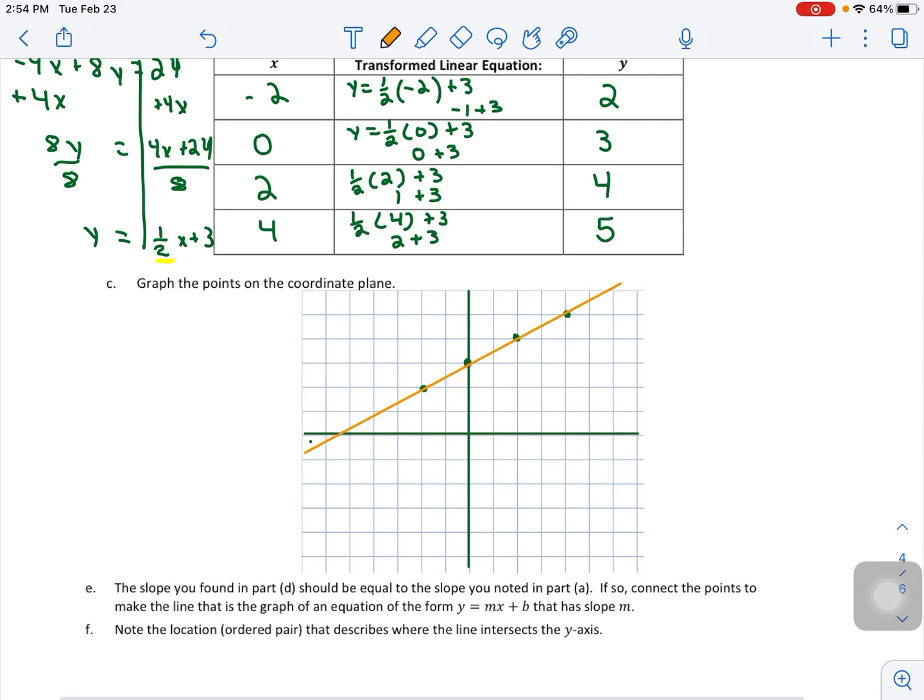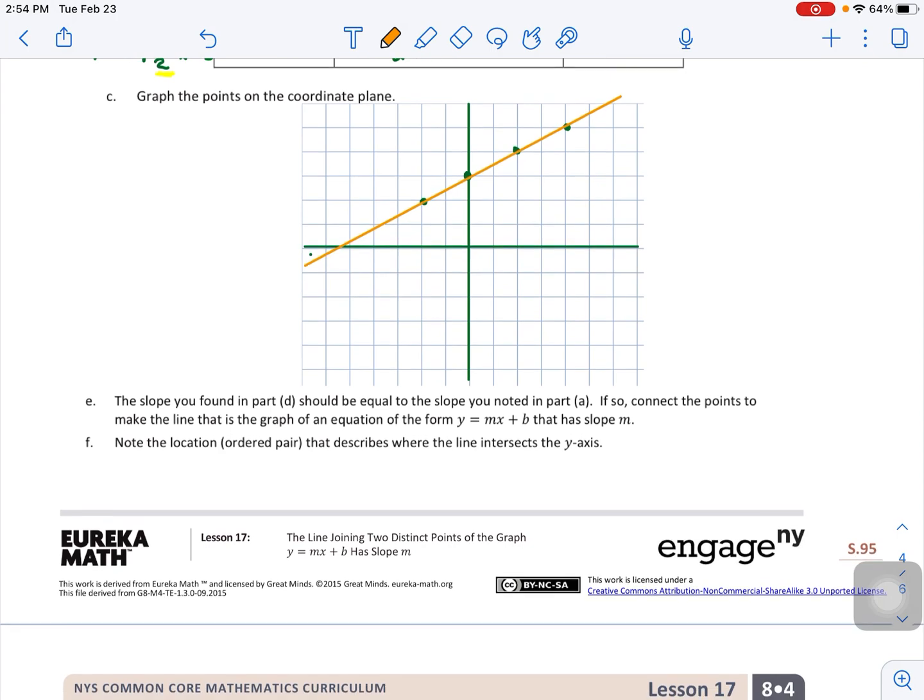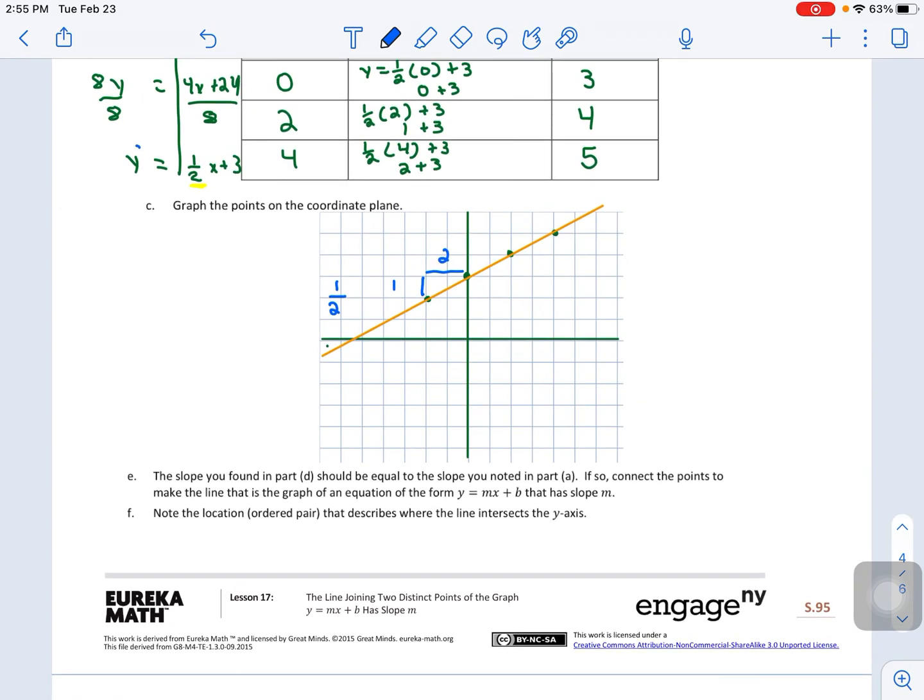All right, so the next part is looking at what is the slope. And so before this lesson, we would have said, okay, to go from one dot to the next dot is up 1 and then right 2, so that slope is 1/2. And it's asking from earlier when we created this equation, is that the same?